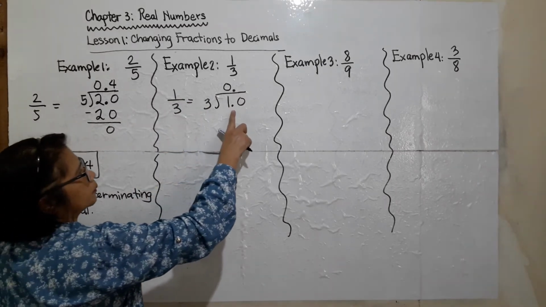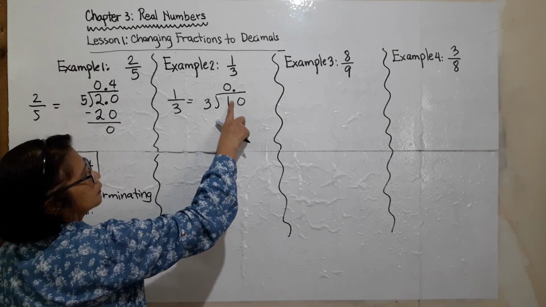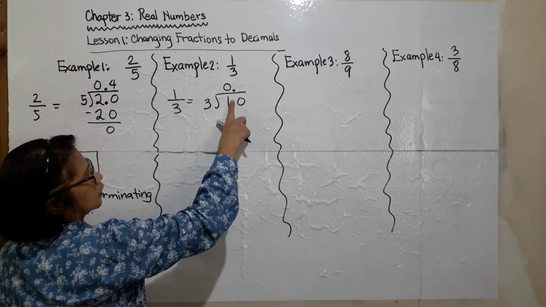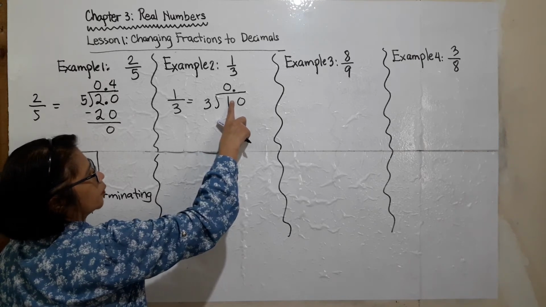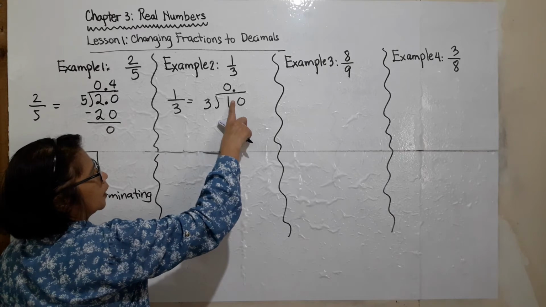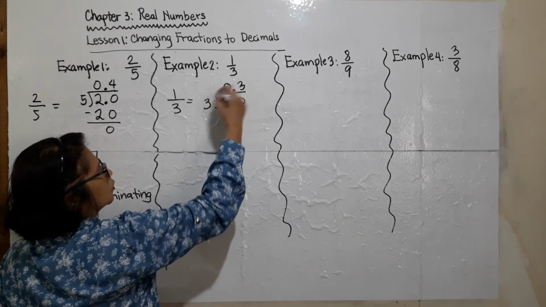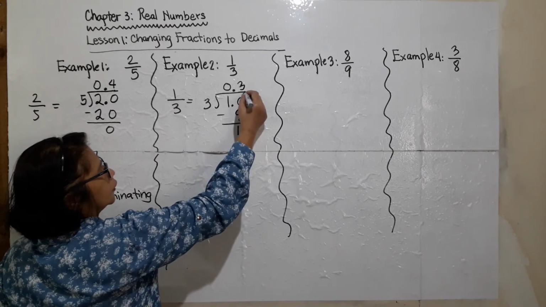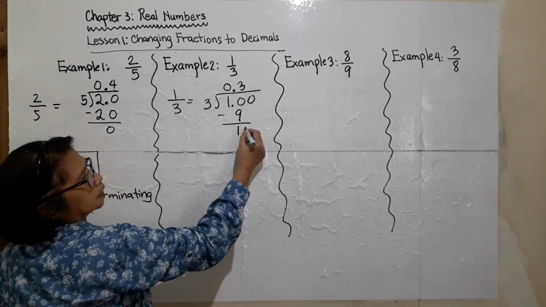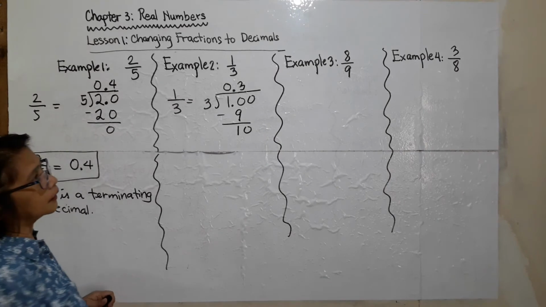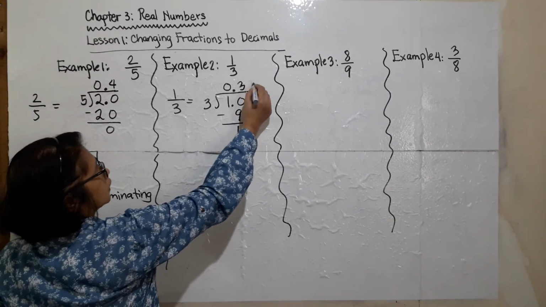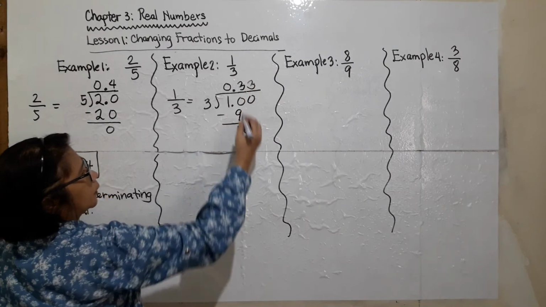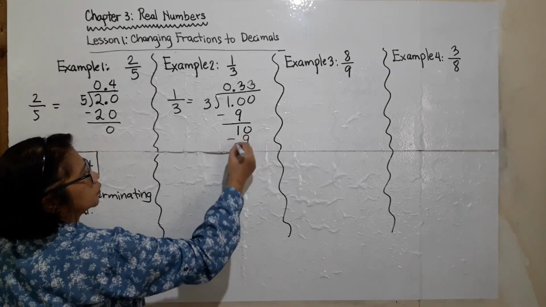So let us divide 10 by 3, disregard first, imagine that there is no point here. 10 divided by 3 is 3, then multiply, you have 9, minus, 1 again. Use a placeholder 0, bring down. Divide again 10 by 3, you will have 3. Multiply, you have 9, subtract, 1.